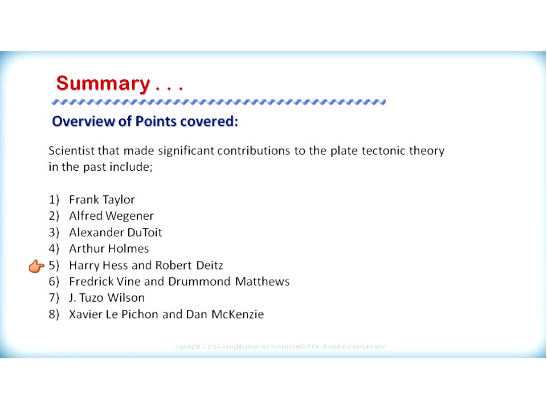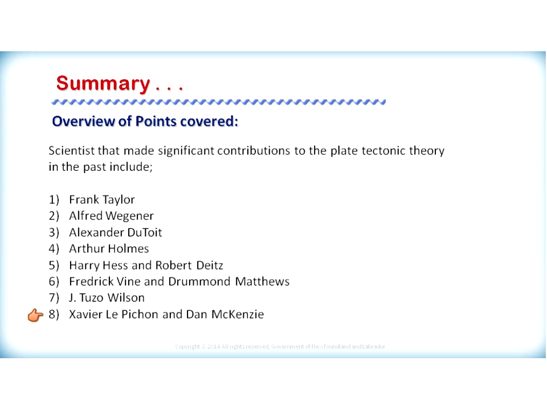Harry Hess and Robert Dietz proposed the idea behind seafloor spreading. Frederick Vine and Drummond Matthews studied magnetic reversals on the ocean floor. Tuzo Wilson proposed the basis by which we proposed the plate tectonic theory.